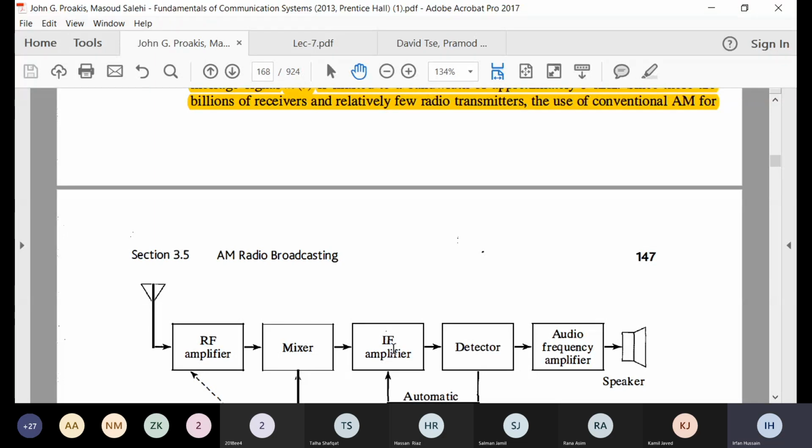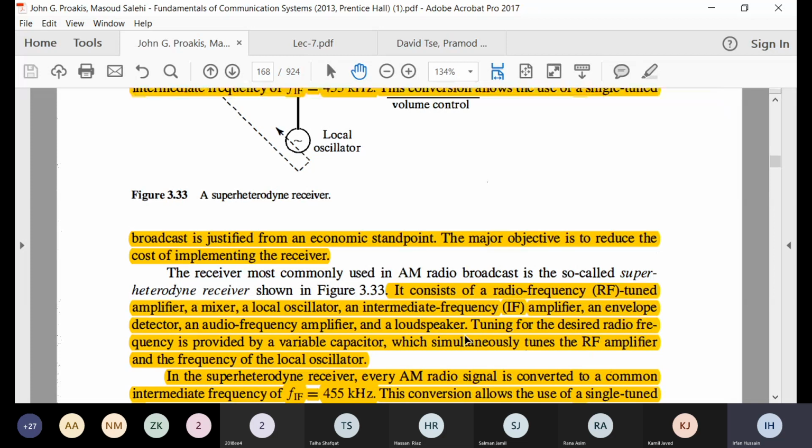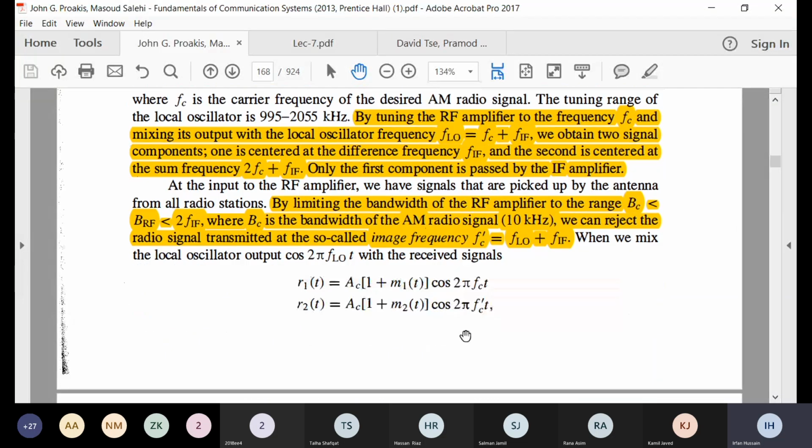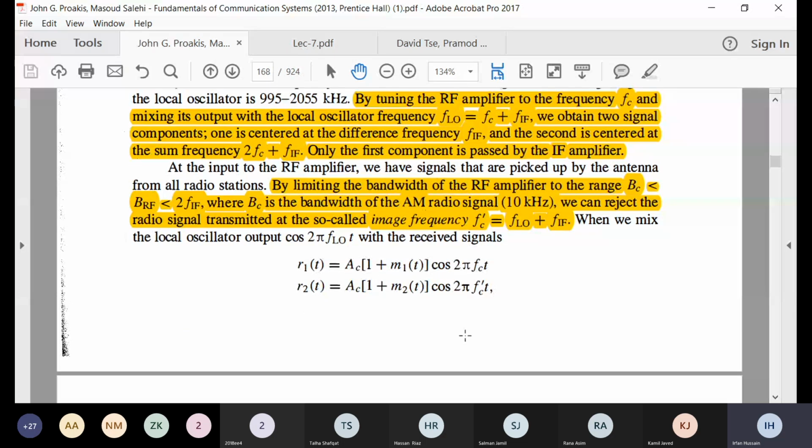So what is this image frequency and how is it rejected? It is rejected by making sure that the bandwidth of this RF amplifier, RF meaning radio frequency, is always kept less than 2 IF.